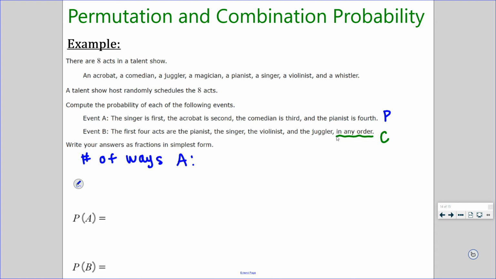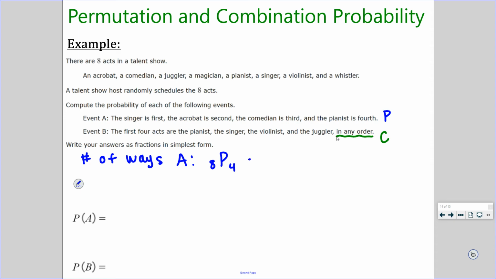Number of ways A can happen. So there's 8 total acts, and I'm picking how many? 4. 8 pick 4, where the order matters, meaning singer, acrobat, comedian, piano player is considered different than piano, acrobat, singer, comedian.